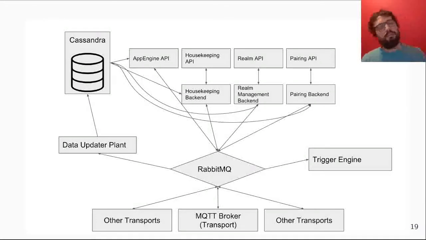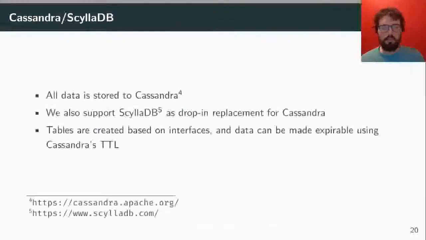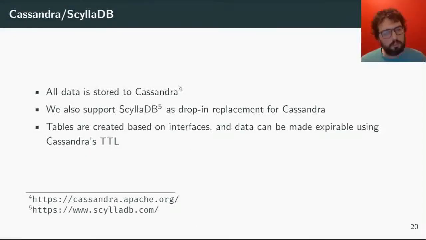So now let's see each service a little closer so we can understand what each of them does and what it's used for. First of all, as you saw in the previous slide, the main database which is used by Astarte is Cassandra.